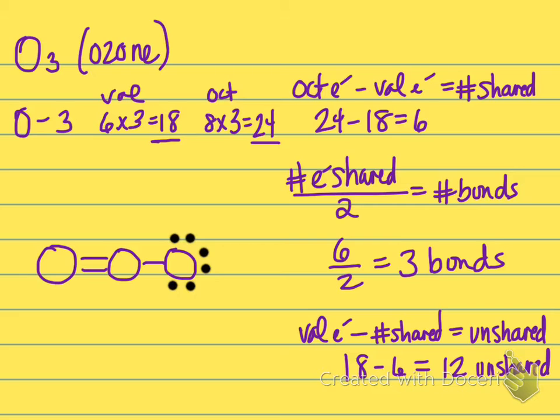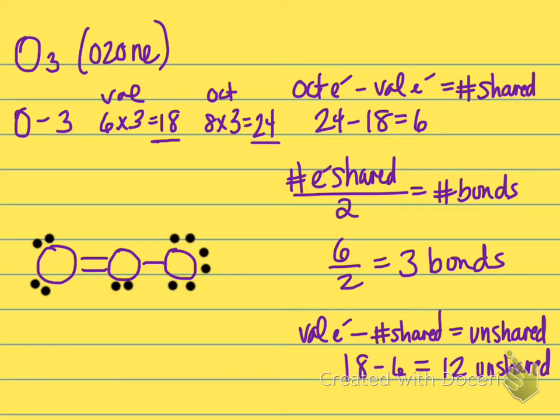Now, on the other hand, this oxygen on the other end over here already feels like it's got 2, 4. So it can only take 4 more unshared pairs. So we're going to put 4 right there. Now this middle oxygen feels as though it is surrounded by 6 electrons. Kind of crazy, huh? So it can only handle 2 more.